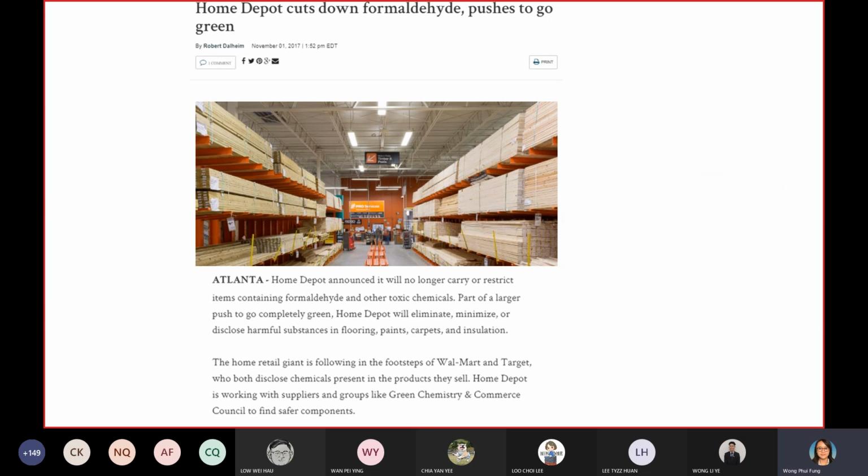Okay. And you can see this news: Home Depot cuts down formaldehyde, pushes to go green. Home Depot announced that it will no longer carry or will restrict items containing formaldehyde or other toxic chemicals. As I said just now, formaldehyde largely comes from timber.